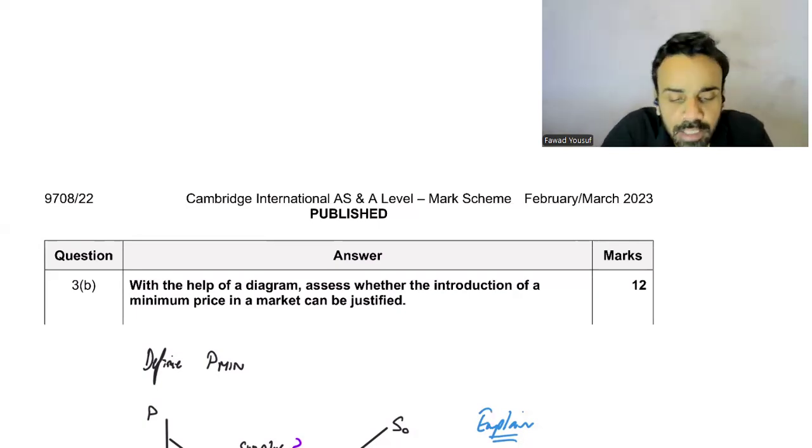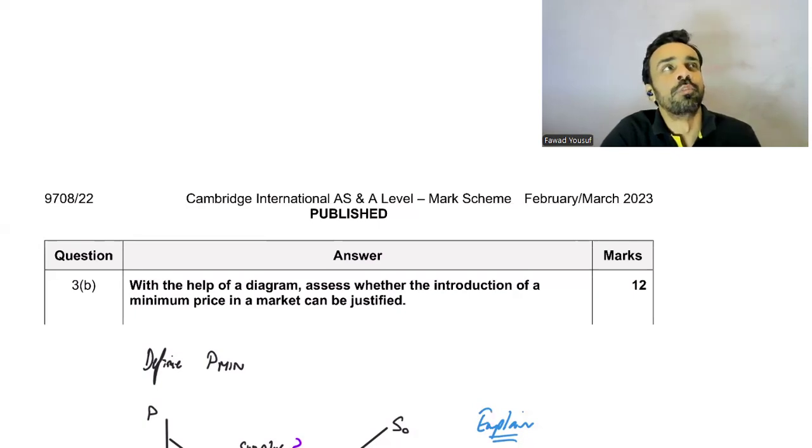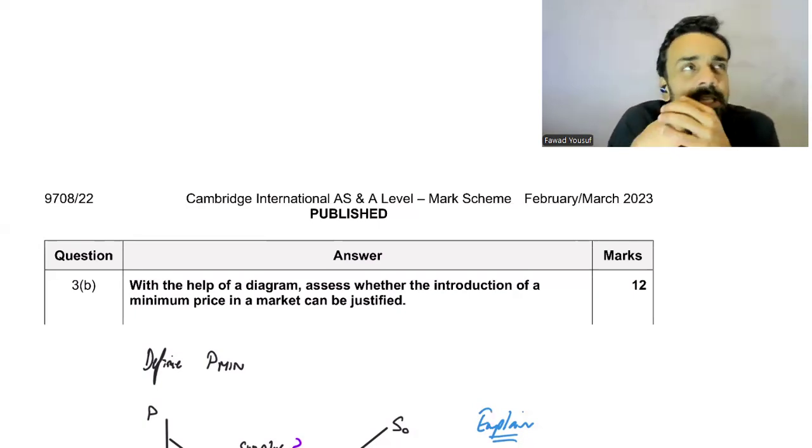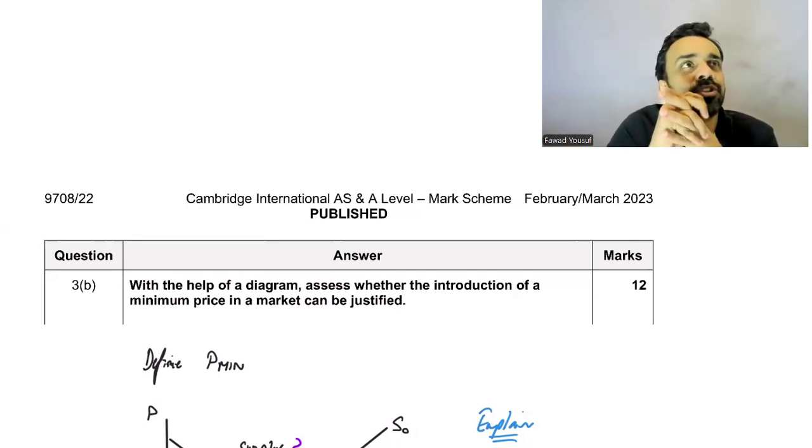So इसके अंदर evaluation के अंदर I would talk about minimum price can ever be justified. What can I say in this one? Can it ever be justified? Can it be ever justified over another policy? Or can it be just justified in general?